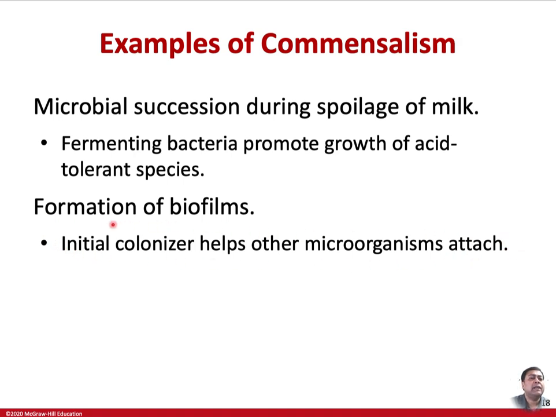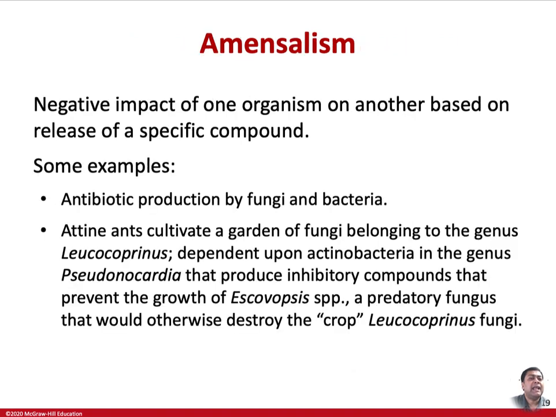On the other hand, amensalism is a negative impact of one organism on another based on release of a specific product. We are going to see some examples of antibiotic production by fungi and how bacteria can be killed. A classic example of that, we are going to take a look at in the diagram on the next slide. There are some ants known as attine ants. These attine ants cultivate a garden of fungi belonging to the genus Leucoagaricus.